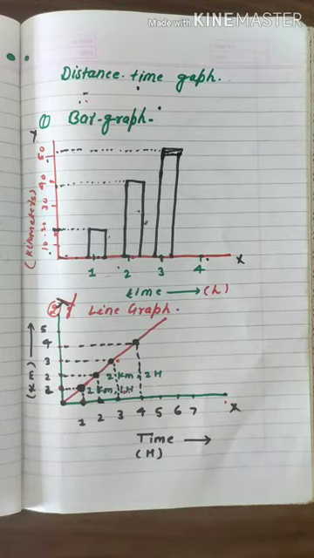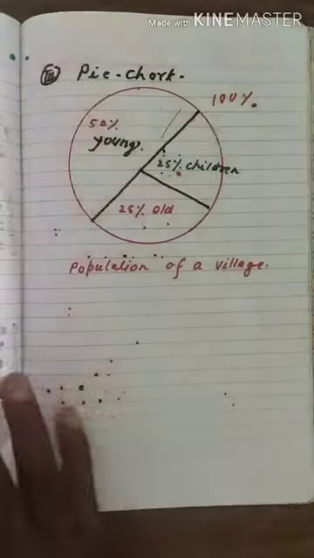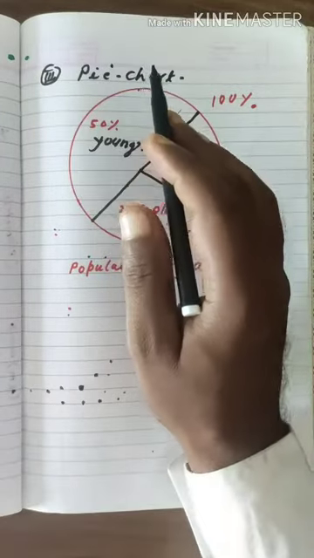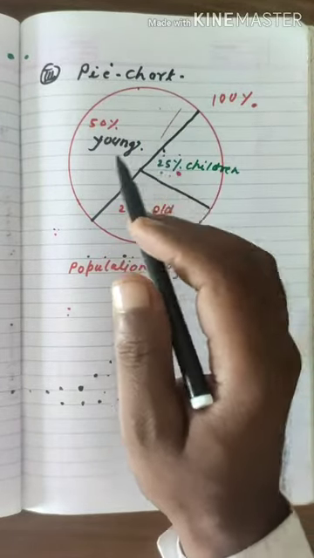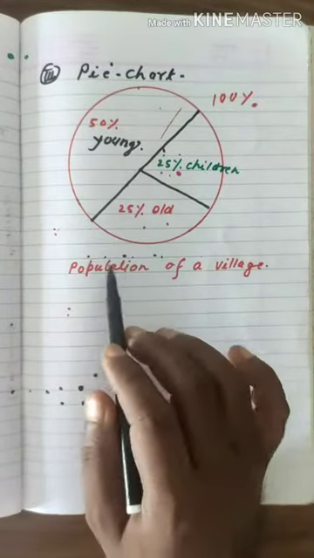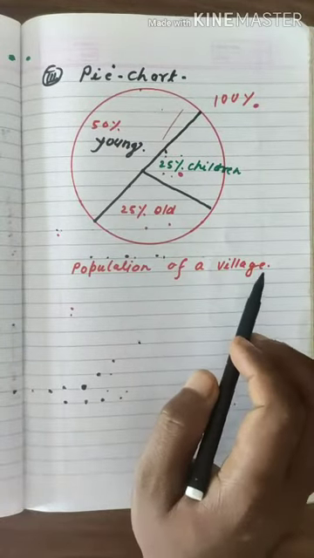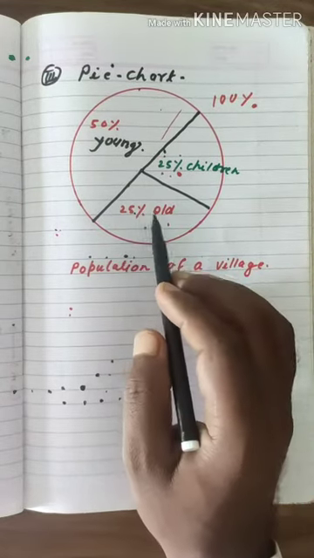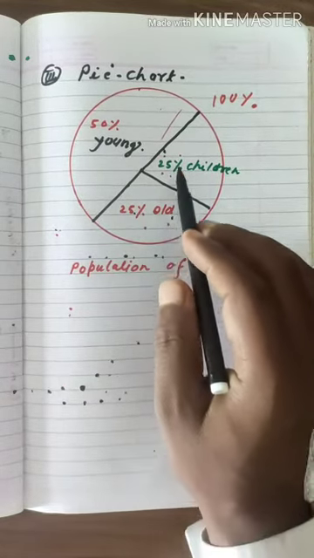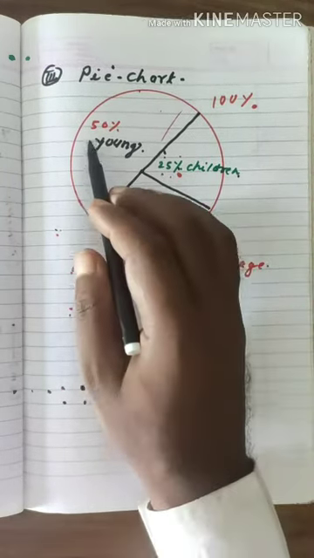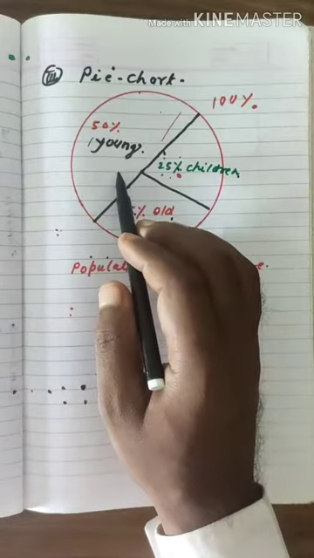Student, we can also use a pie chart for plotting a graph. Here I have taken an example of the population of a village, where 25% of the villagers are old, 25% are children and 50% are young.